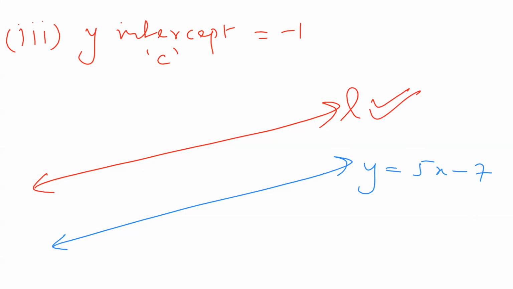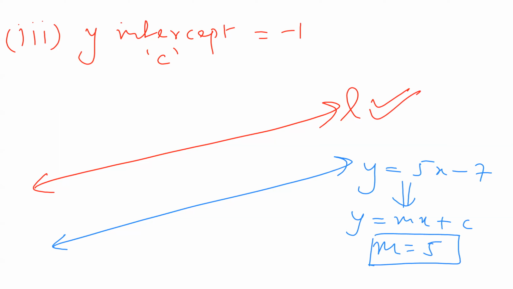Now if we compare the second line, y is equal to 5x minus 7, to y is equal to mx plus c, if we directly compare like this, the format is absolutely similar. So m is equal to 5. M is equal to 5. Okay, fine.